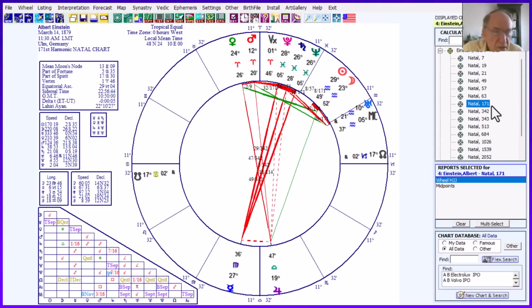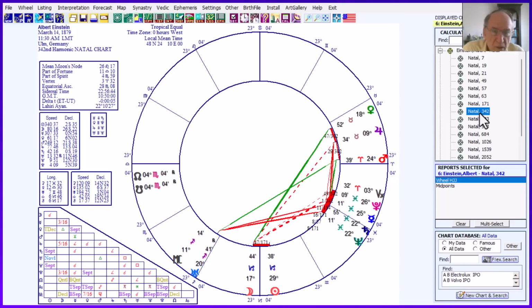That would be the 342 vibration. 171 times 2 is 342. Now we see it as a 4-planet conjunction: Neptune, Saturn, Mercury, Pluto. Just wanted to mention that. But right now we've been talking about only multiplying by 3 times 3 times 3. I'm going to introduce some more ideas that I'm leading into.